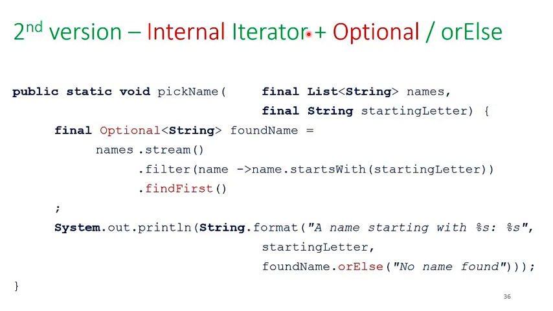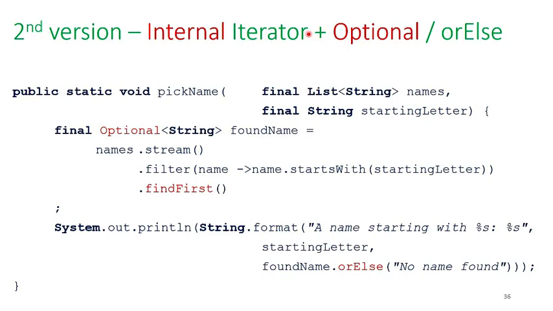So to display the first name starting with that letter, we address found name, and we just use a dot or else. And dot or else is just a way to say, if found name wraps around a string reference, and that string reference is null, then I want you to use this default value. That's it. So the expression found name dot or else parentheses, quote, and your default string that you want to use is going to always result in a string.